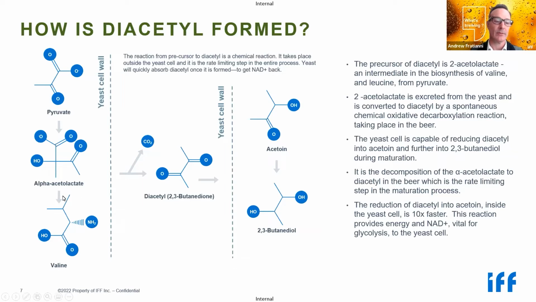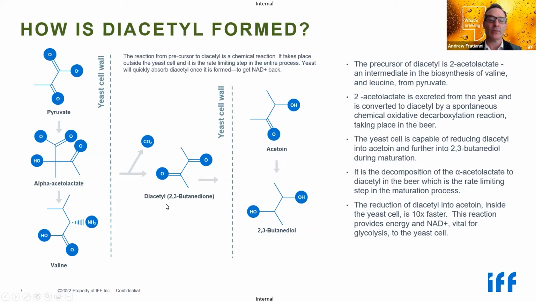So if this precursor cannot be utilized, the yeast cell cannot allow it just to simply accumulate within the cell. So it has to be excreted. If it accumulates, it can become toxic, or it may slow down other functions due to some kind of feedback. So the alpha acetolactate is excreted by the yeast into the beer.